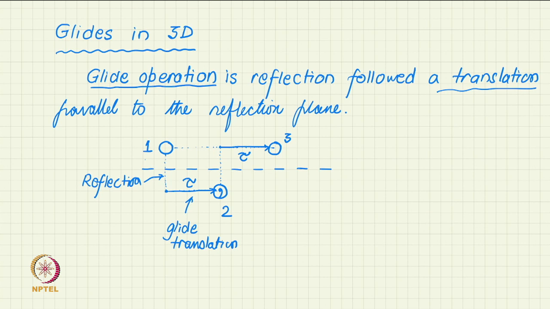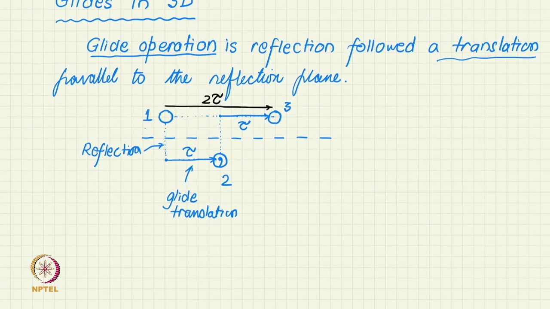So, you can see that the net translation now is by 2 tau, and since there is no change in handedness, there is no reflection involved here. So, this 2 tau has to be a lattice translation, because an object is simply translated and repeated from 1 to 3.